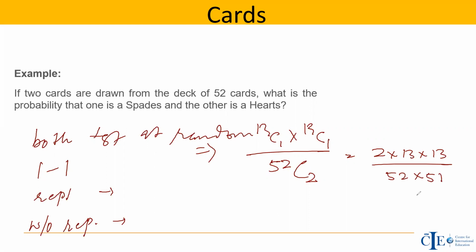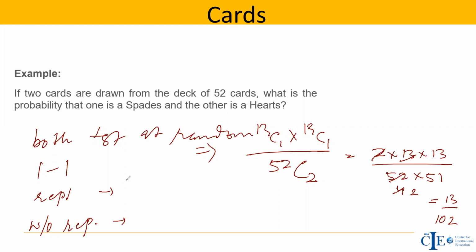Now here, the 13 cancels 52 four times, and 2 cancels 4 twice. That would reduce to 13 on 102, slightly less than 0.13 if you round off to two decimal places. Okay, so 13 on 102.